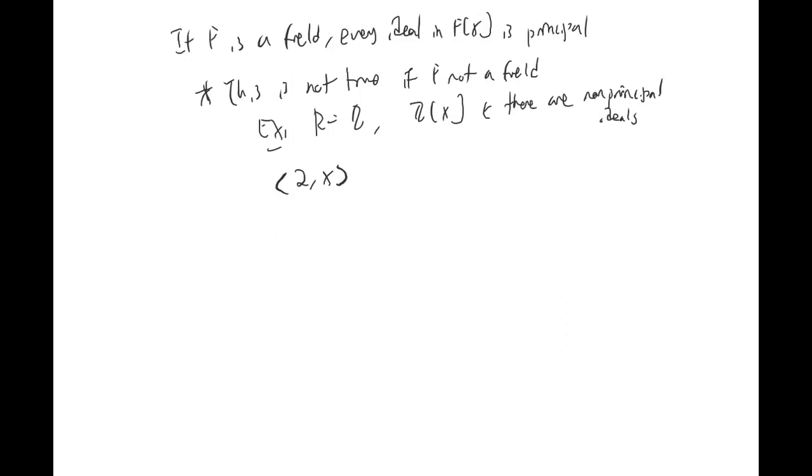So if this was generated by one element, let's call it f(x), and these were equal, then 2 must be in here, right? So 2 must be in the set of g(x) times f(x), such that g(x) is in Z[x].